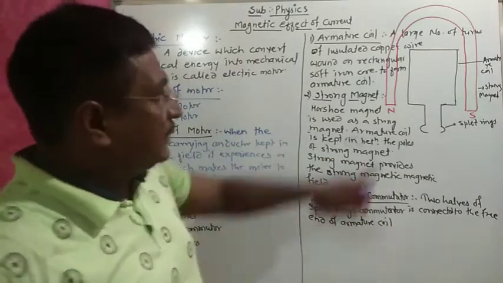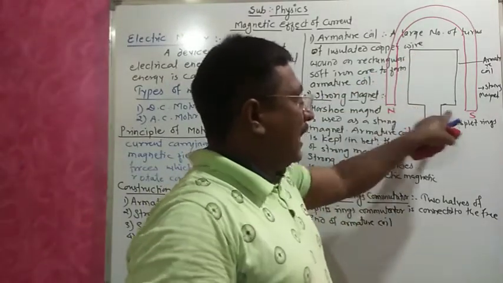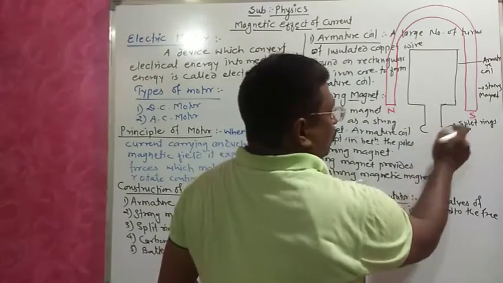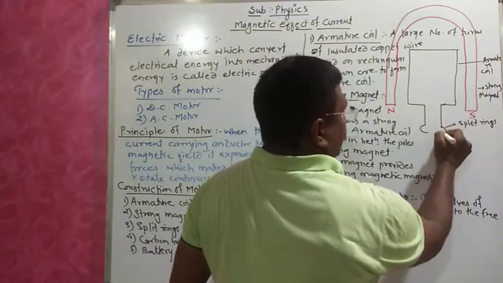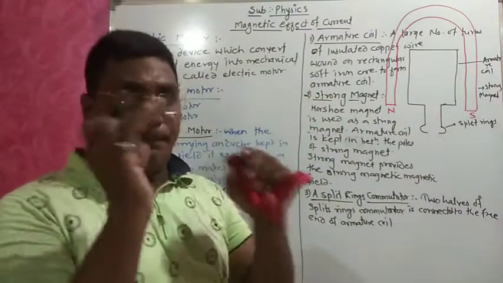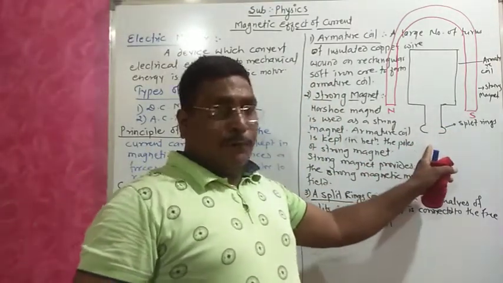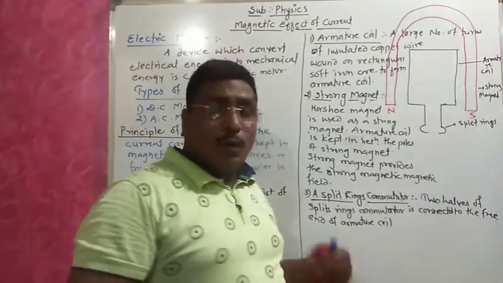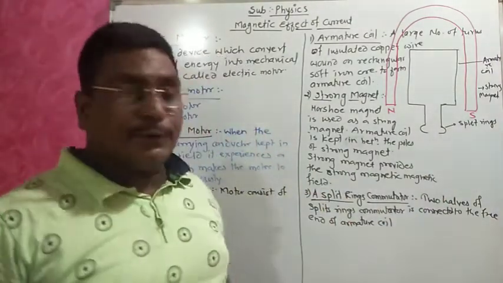The free ends of the armature coil are attached to the two halves of the split rings commutator. What is the work of the split rings commutator?